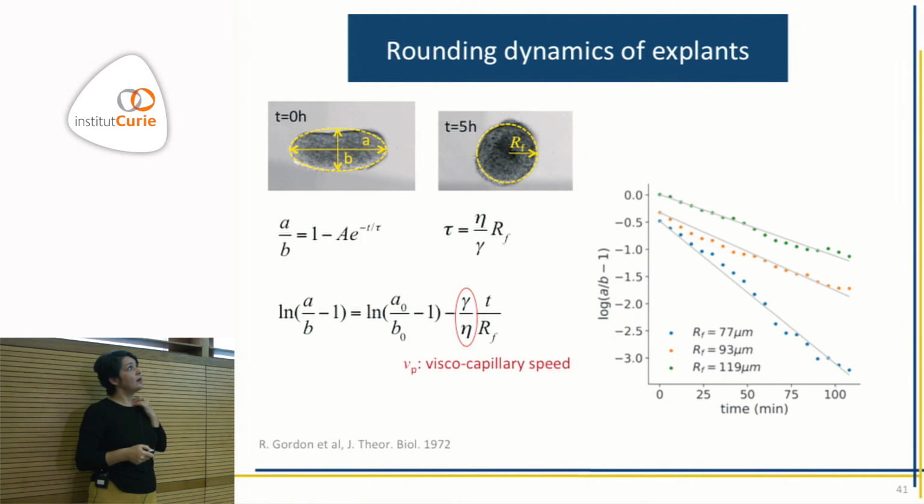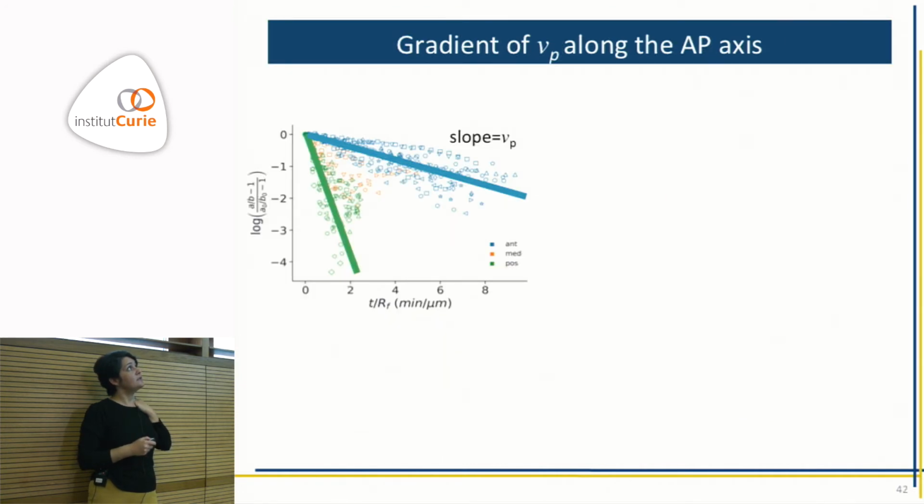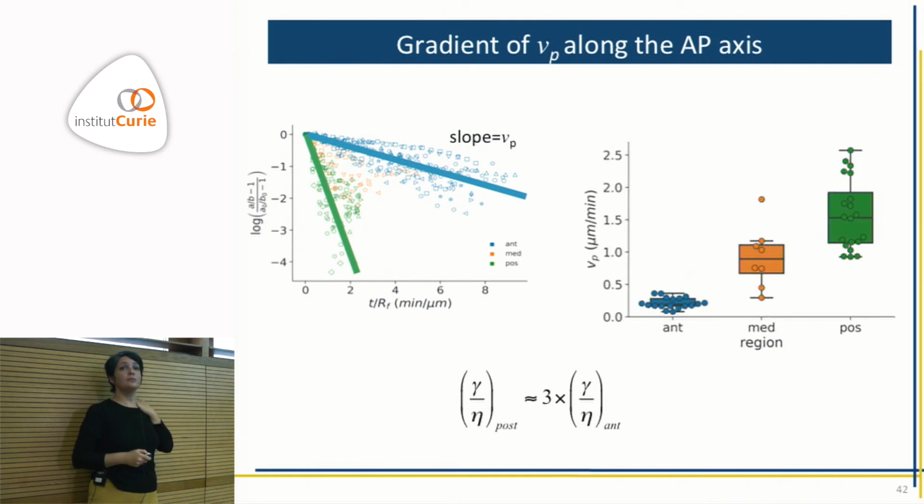And again, we have this term gamma over eta for our explants that we can find from the slopes of these lines. You see a big difference between the anterior and the posterior. Blue is the anterior, sorry. It is much slower to round up than the posterior part, and we get a very similar behavior to the fusion experiments.